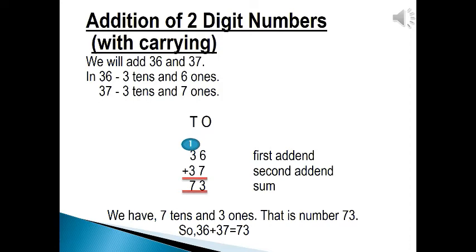Now, we will add tens column. 1 plus 3 is equal to 4 and 4 plus 3 is equal to 7. So, we have 7 tens and 3 ones. That is the number 73. So, 36 plus 37 is equal to 73.